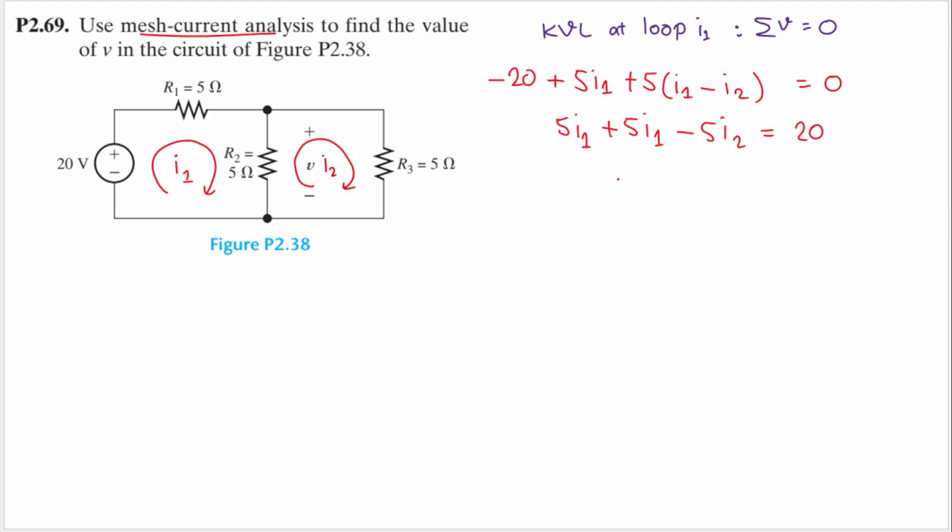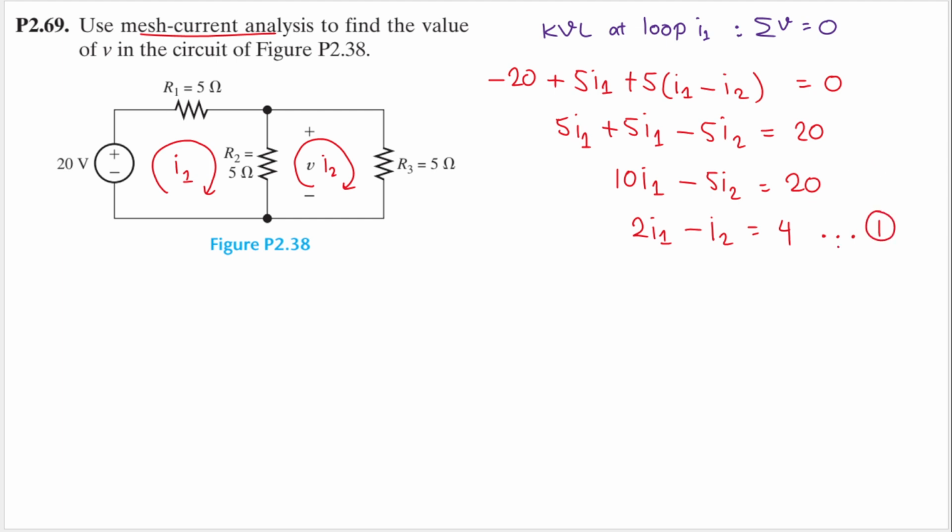Okay, 5 plus 5 is 10, so I will have 10I1, and then minus 5I2, and all of that will equal 20. Okay, I think we can divide both sides by 5, so I will have 2I1 minus I2, and that will equal 20 divided by 5, which is 4. I think there is nothing more that we can do. Let's have this as equation 1.